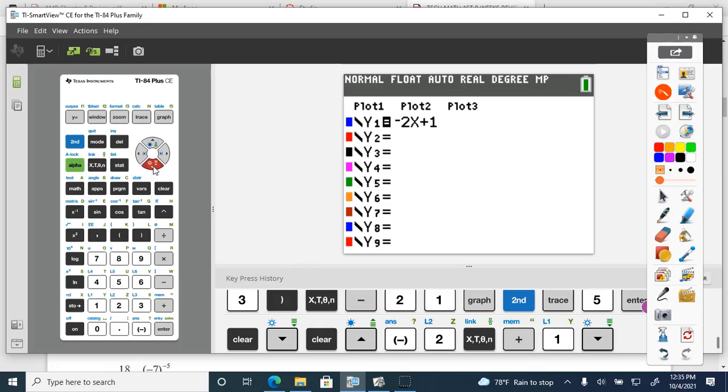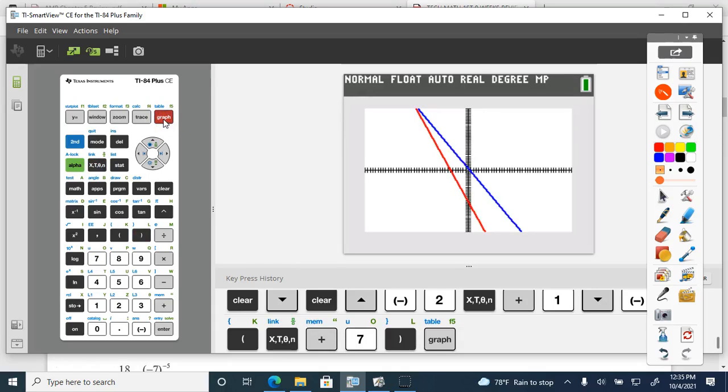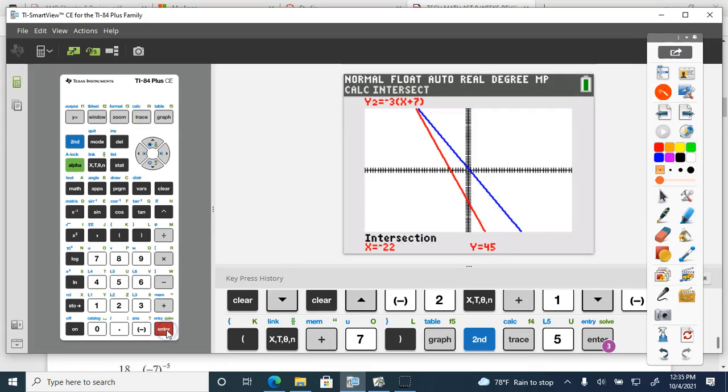The right side says negative 3 times x plus 7. And then we just plug it. Hit graph, and then second, trace, number 5. Enter, enter, enter. Do we need the y? No. My only answer is x equals what? It's negative 22. That makes sense. Okay?